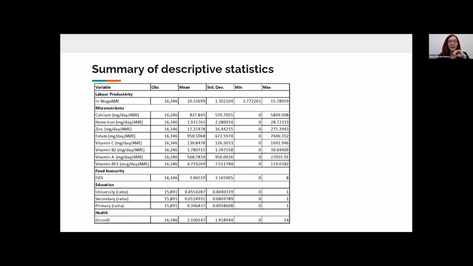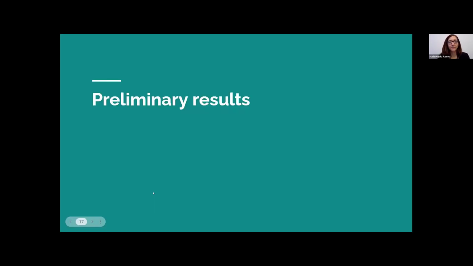So as I told you, we will keep micronutrients to explain labor productivity measured by the logarithm of the wage per adult meat equivalent, and also the food insecurity indicators, education and health.